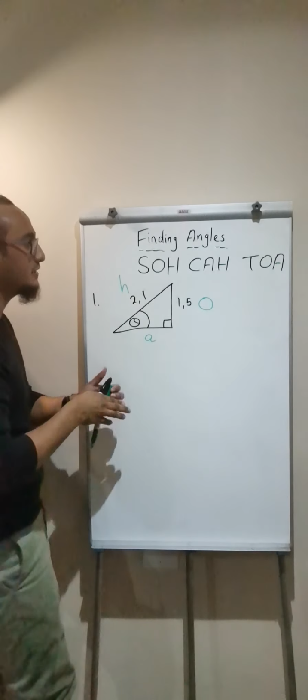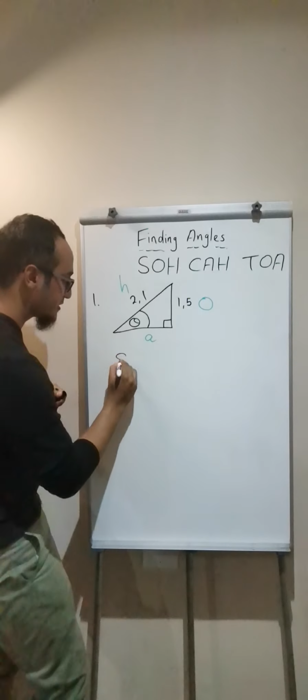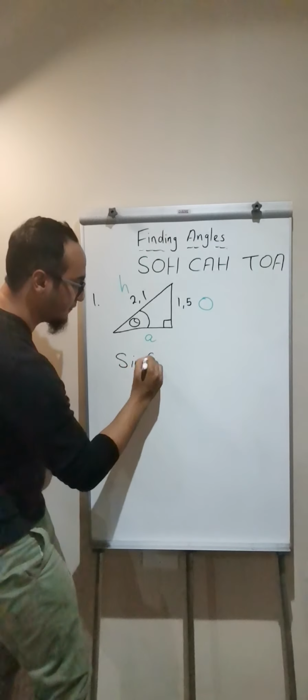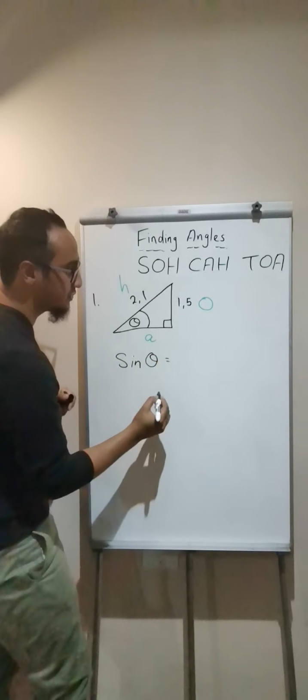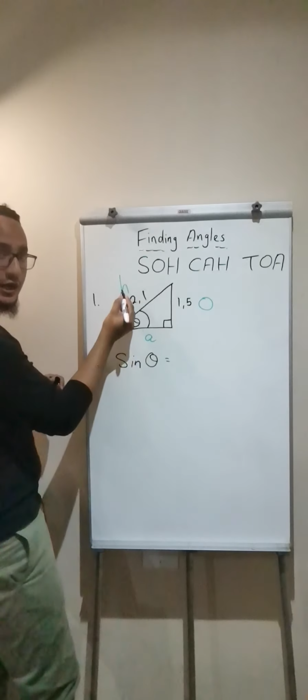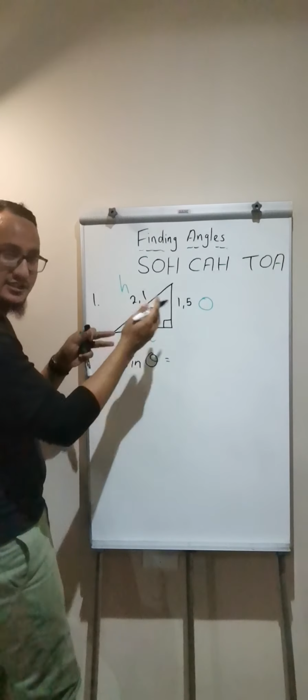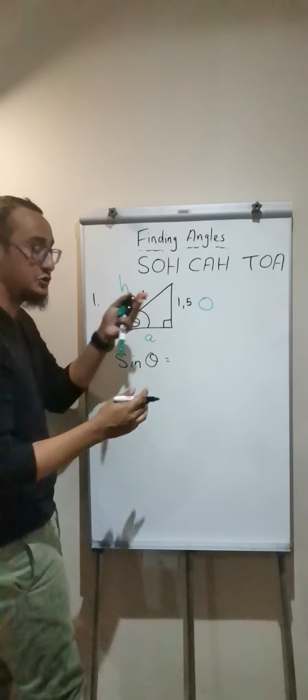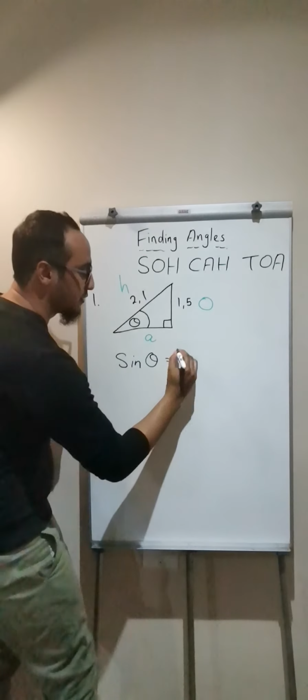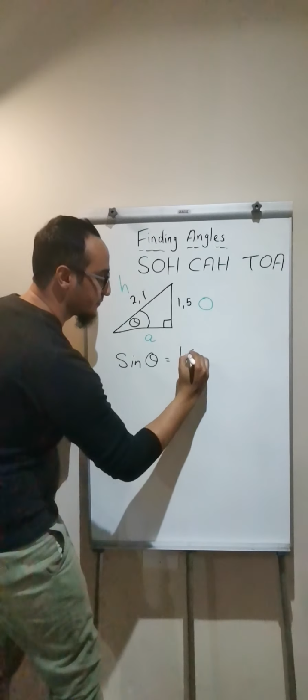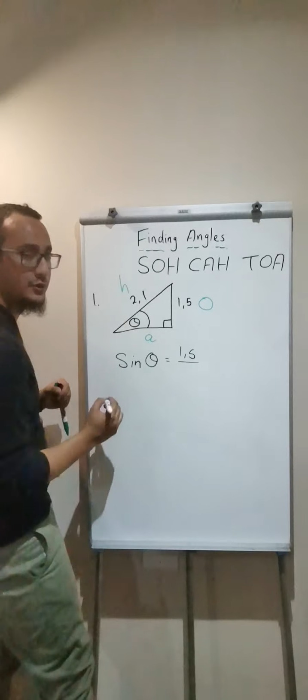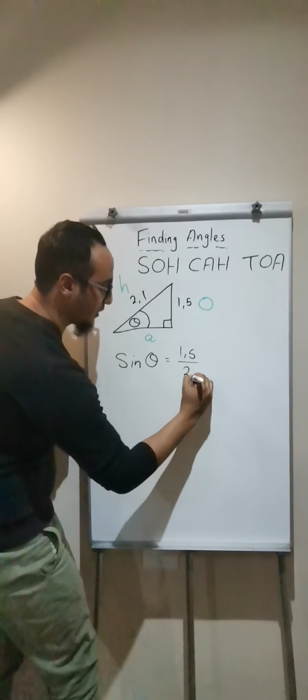So immediately that becomes sine of theta, and it's equal to opposite over hypotenuse. Let's skip that step and continue to the dimensions. Opposite is 1.5. What is the hypotenuse? 2.1.